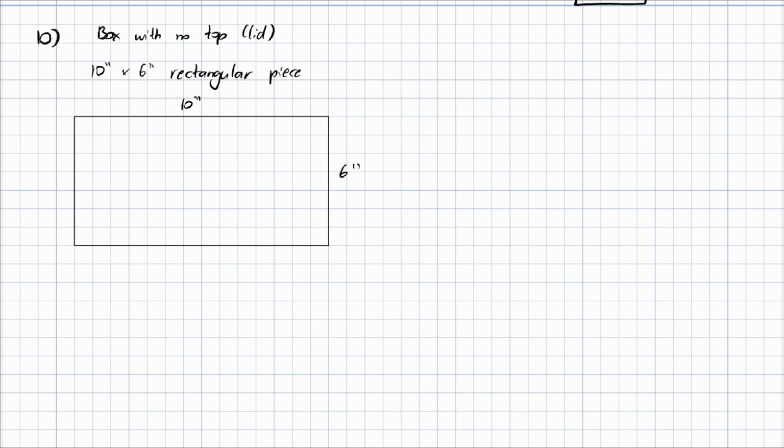And then he wants to cut out some of these squares of length x. So part A is volume, B is surface area.